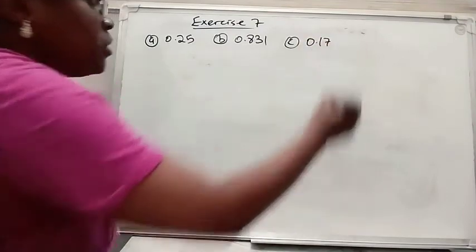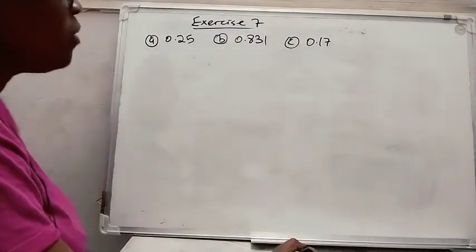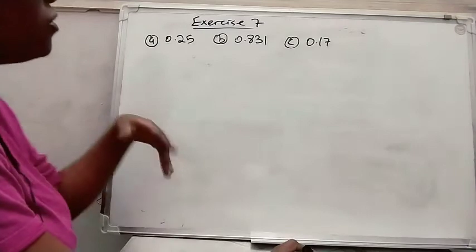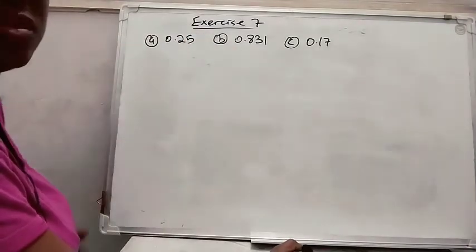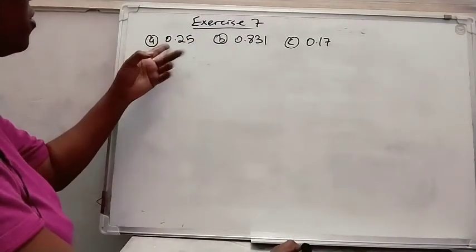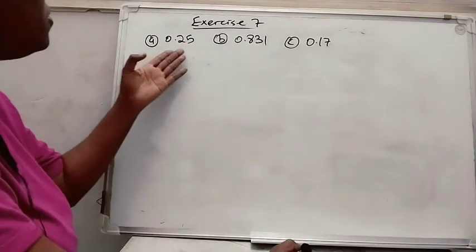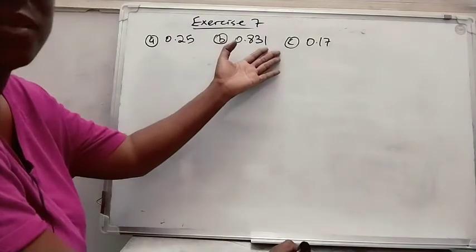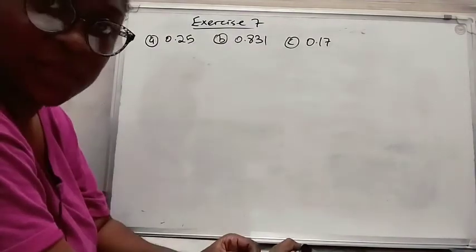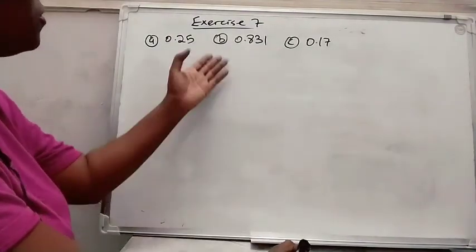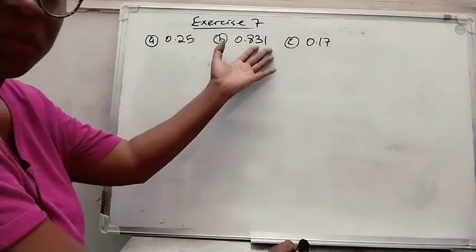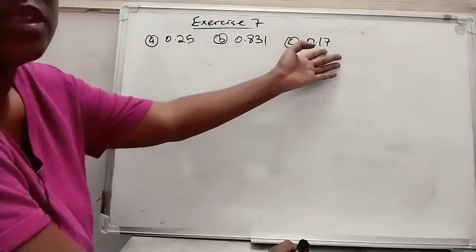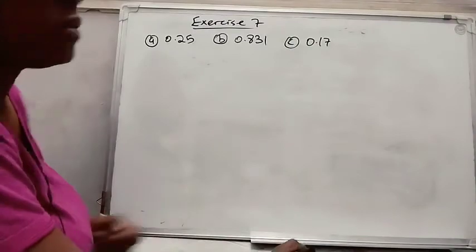Convert 0.17. Remember, when you're mentioning the decimals, you do not call them as whole numbers. You cannot say 0.25 as "zero point twenty-five" in whole numbers. Rather, you say "zero point two five." You cannot say 0.831 as eight hundred thirty-one; that's tautology in mathematics. You say "zero point eight three one." You cannot say 0.17 as seventeen. You say "zero point one seven."